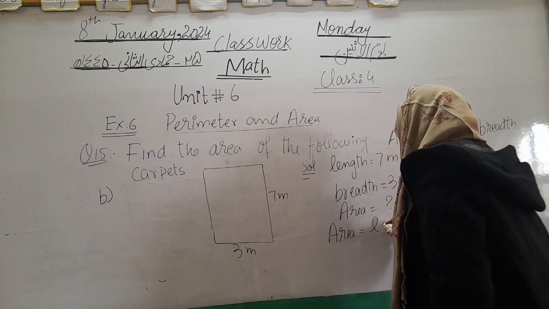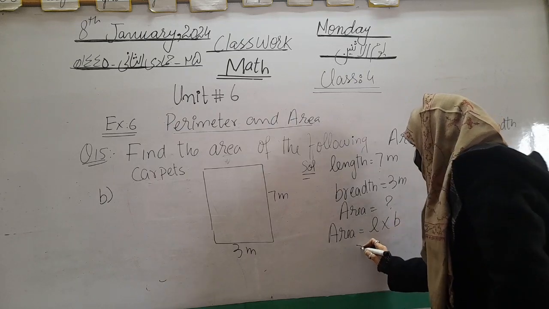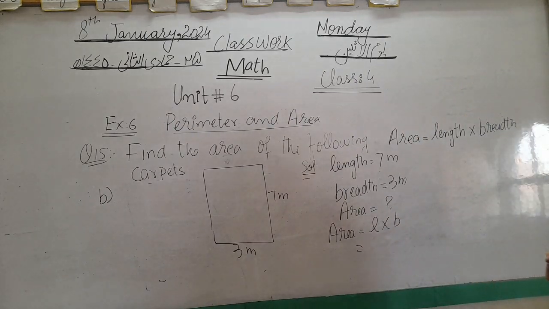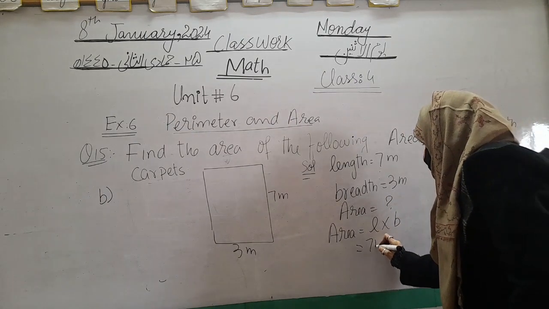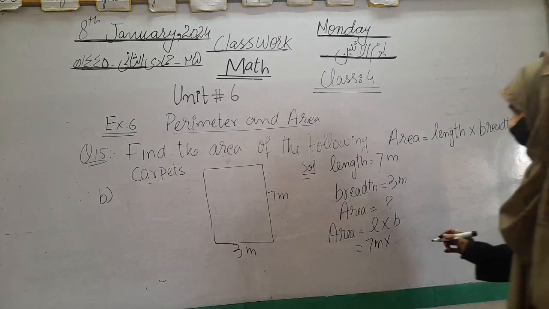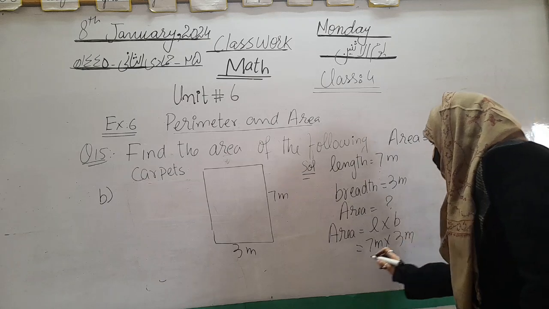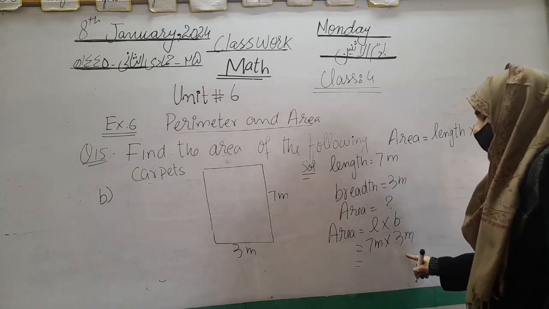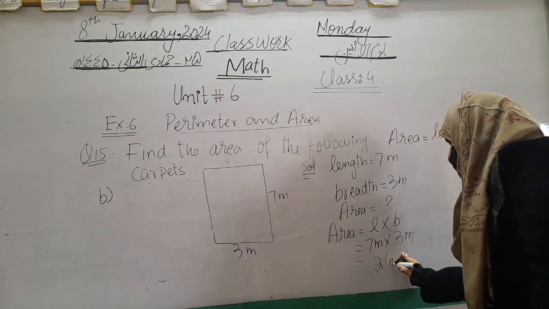Area is equal to length multiplied by breadth. What is the value of length? Length is 7 meter. And what is the value of breadth? Good. Breadth is 3 meter. Now we will multiply it. 7 into 3 is 21 meters squared.